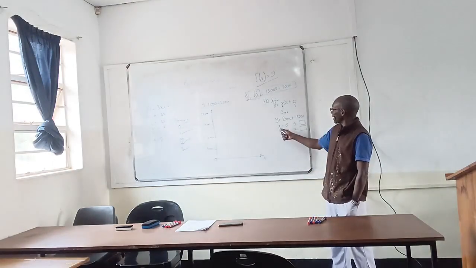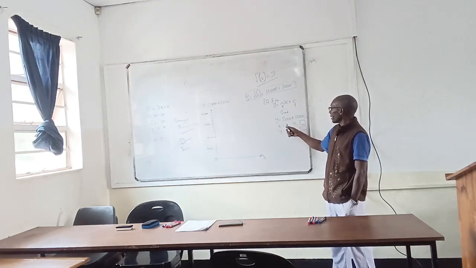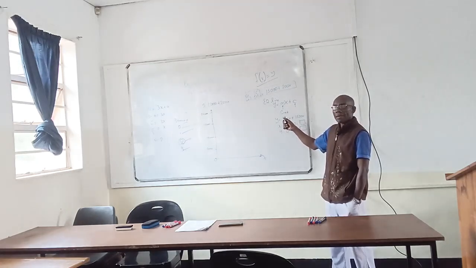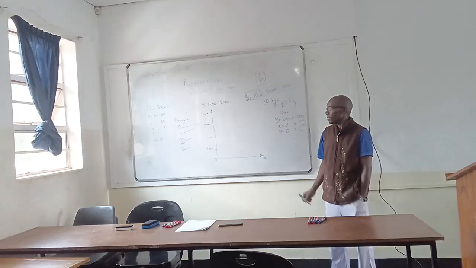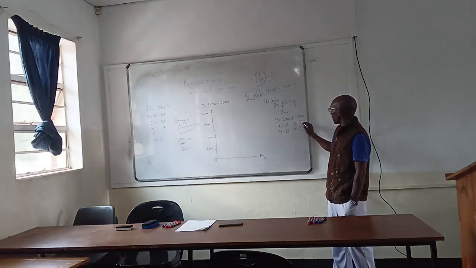When you make x equal to 0, 200 times 0 is 0, since any number multiplied by 0 is 0. Plus this one, what remains is 15,000.